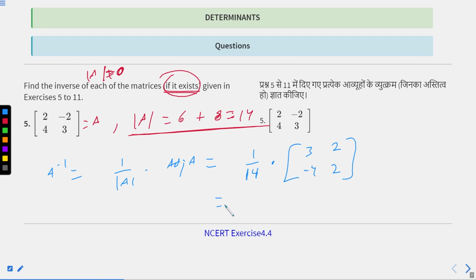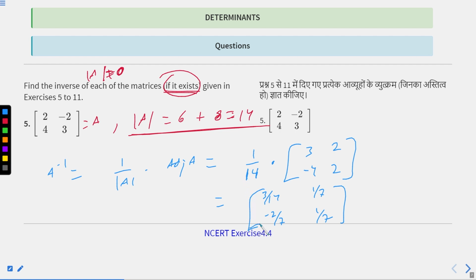You will get your A inverse. So A inverse is 3 by 14, 2 by 14 means 1 by 7, this means minus 2 by 7, and this means 1 by 7. This will be your A inverse.